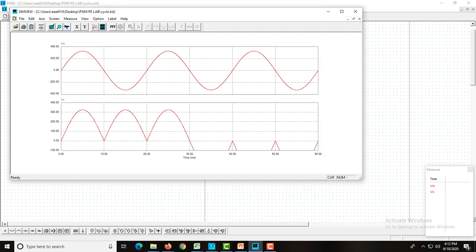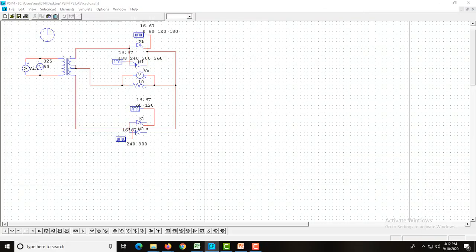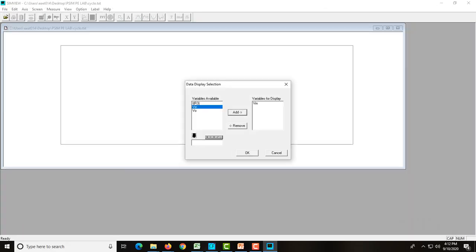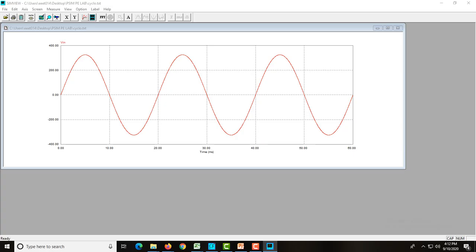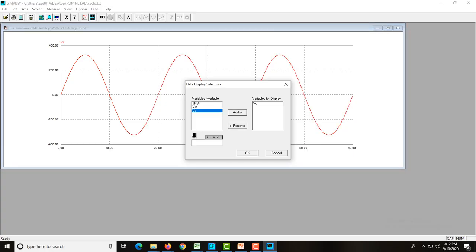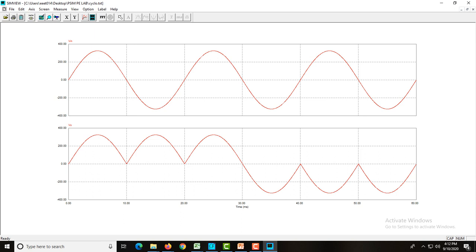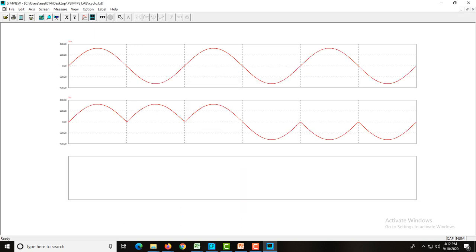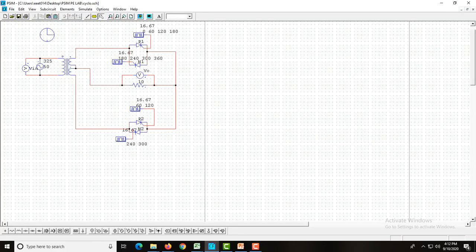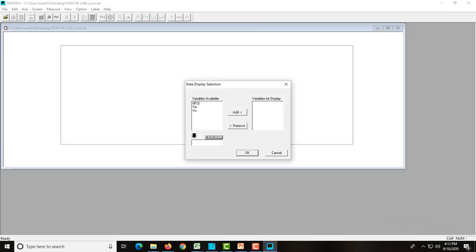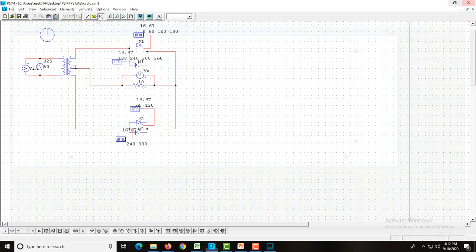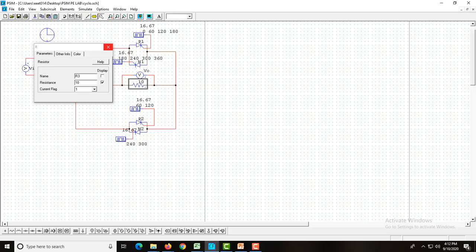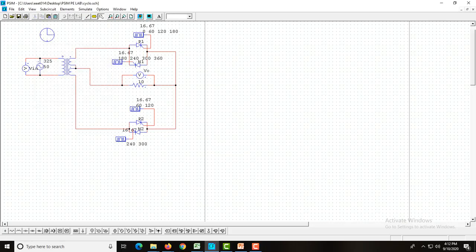The output current is not obtained here, so we have to obtain the output current: input voltage, output voltage, and again input and output current, right? So we are getting the output current like this. This will be of magnitude 325, and this will be of magnitude 32.5 volt, 5 amps.